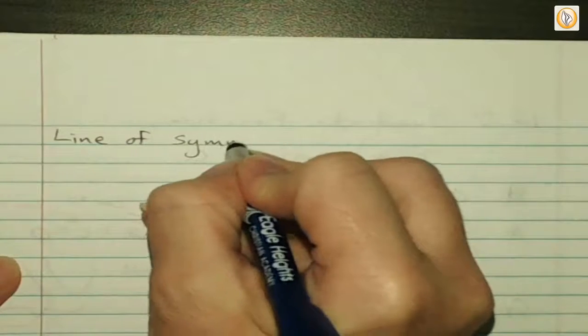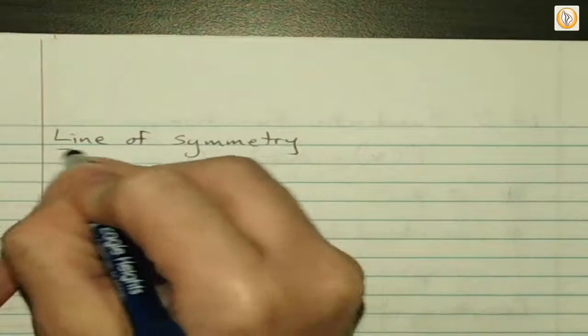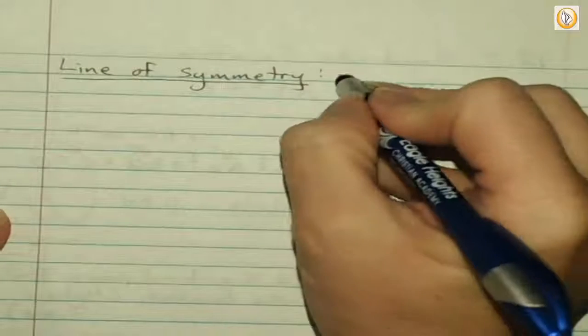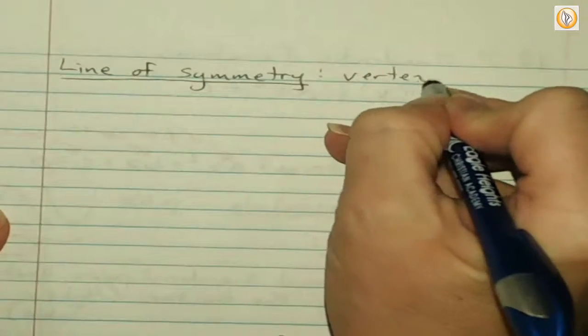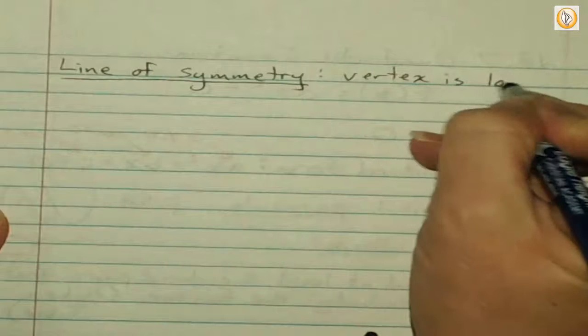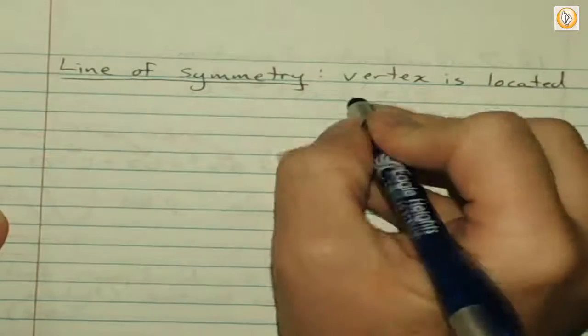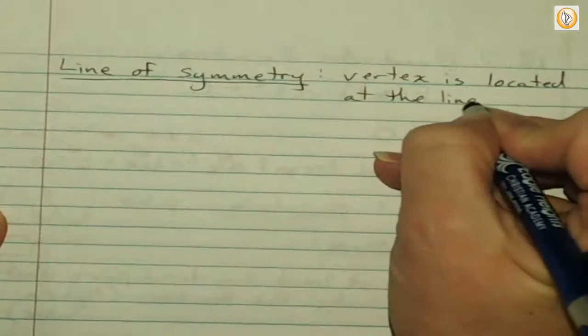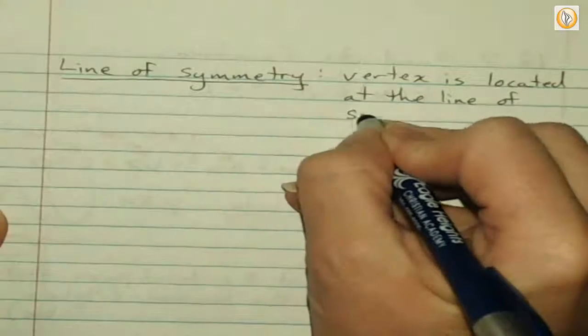Line of symmetry. Line of symmetry. The vertex is located at the line of symmetry.